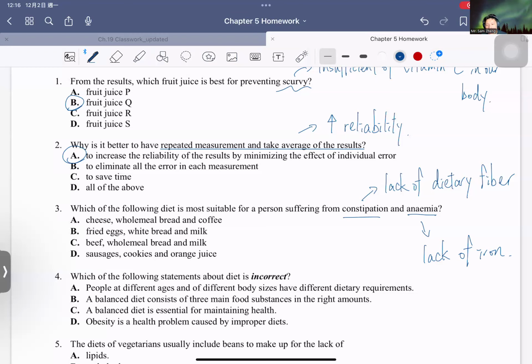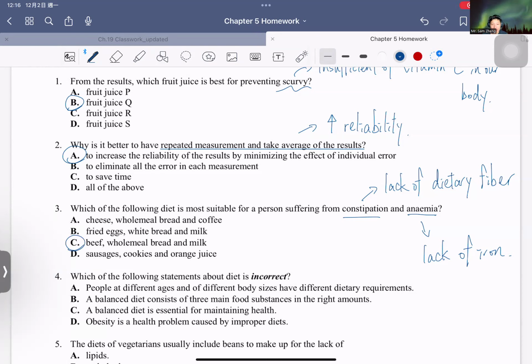By looking at these meals, we can see that the beef contains a lot of blood, and this blood, in fact, contains iron. So C would be one of the possible meals that is most suitable for a person who is suffering from anemia.